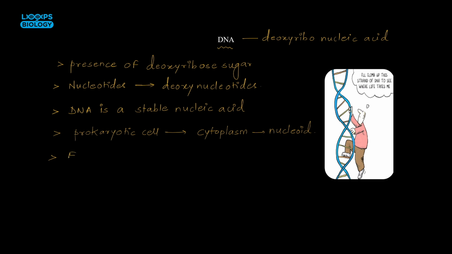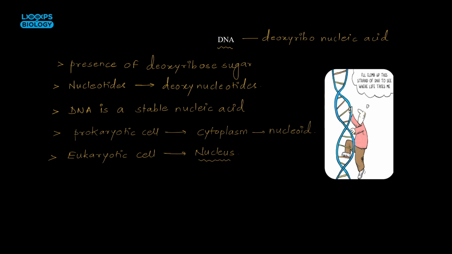While in the case of a eukaryotic cell, there will be a membrane bound organelle, and that membrane bound organelle is nothing but your nucleus. And I hope everyone remembers that there is a discontinuous double membrane structure. So this nucleus will have a nuclear envelope which is discontinuous in nature.